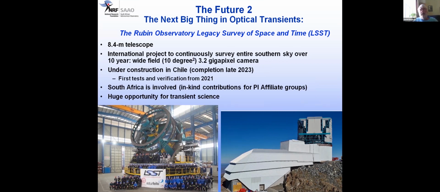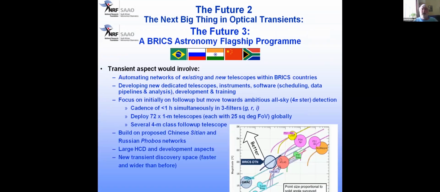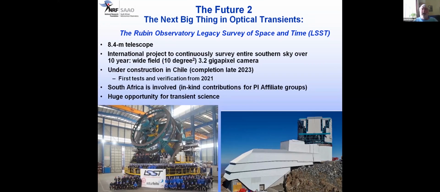In the case of Matt, it's also MeerKAT data. In the case of Michelle, it's software to do with machine learning and so on. So in the future, we expect to at least double or triple the number of PI affiliate groups within South Africa. So there's a lot of opportunity going forward.